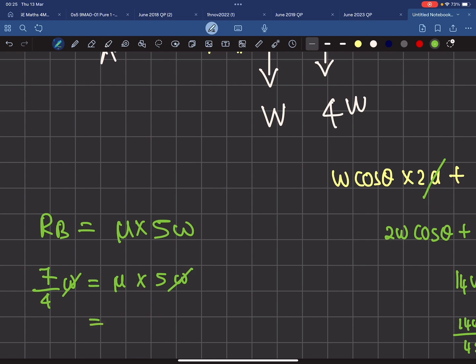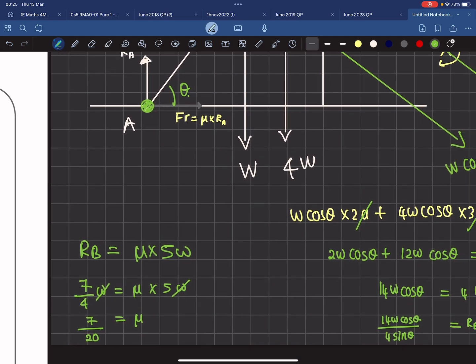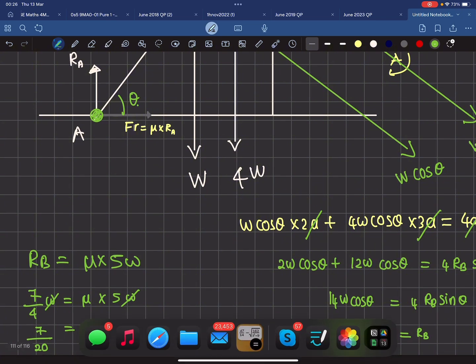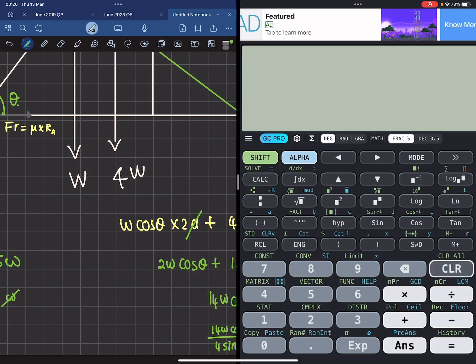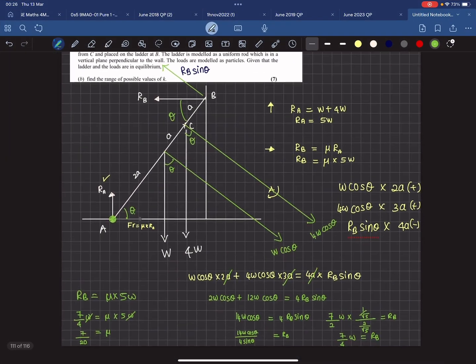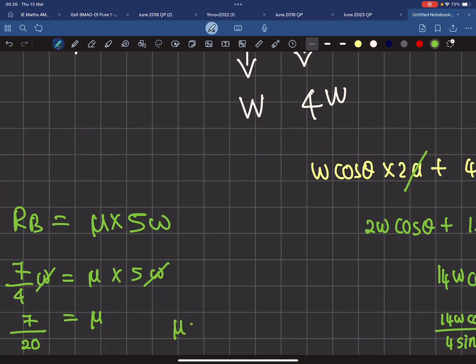W cancels. Mu equals 7 over 20, because the 5 goes to the other side. And then if you solve the arithmetic, 7 divided by 20 is 0.35, which is what the question is asking. So mu equals 0.35.